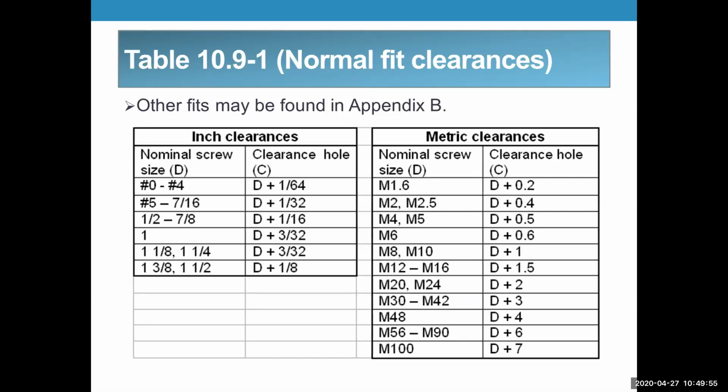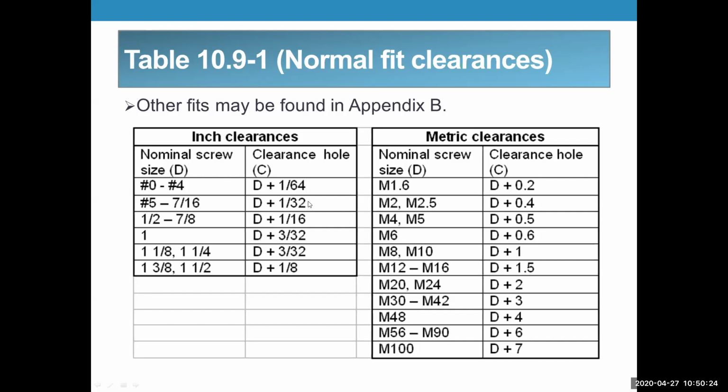So for normal fit clearance, if you don't have a table, you can assume at least most of the time, people probably figure at least up to a half an inch that the clearance hole is going to be the diameter, the major diameter of the fastener plus a 32nd of an inch.